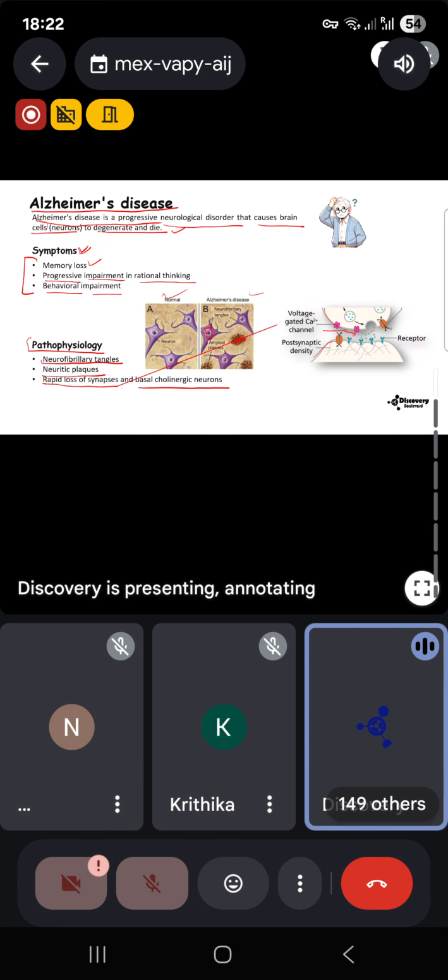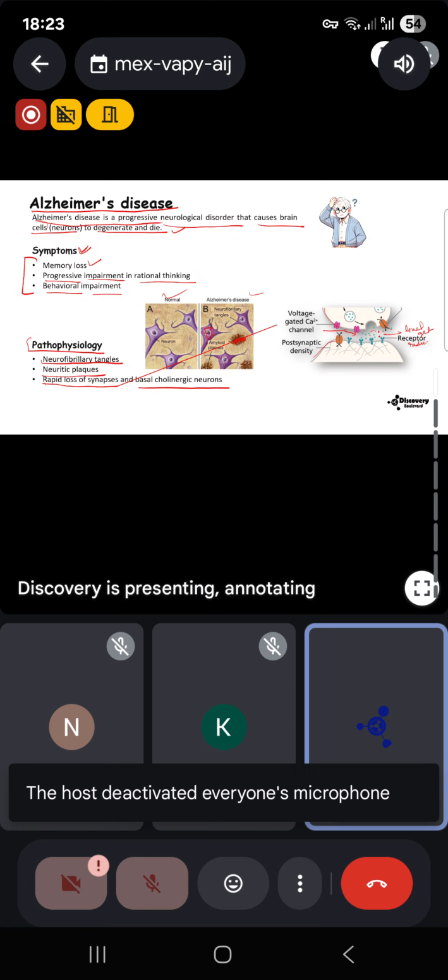One more important observation in the Alzheimer patient is that the neurotransmitter level also gets drastically reduced.